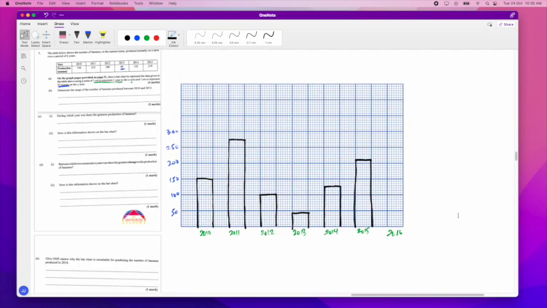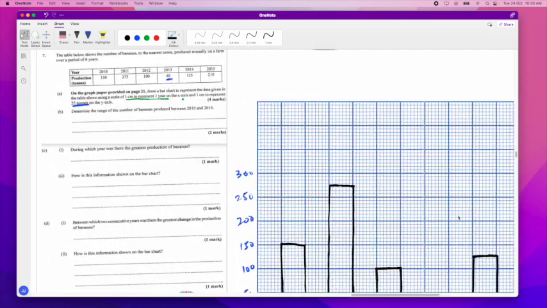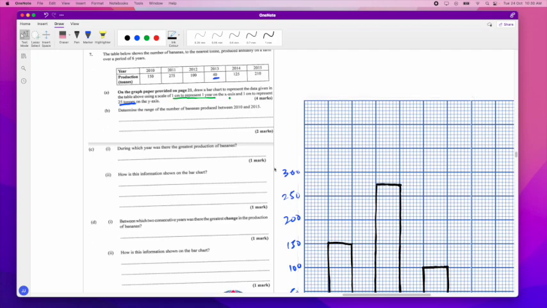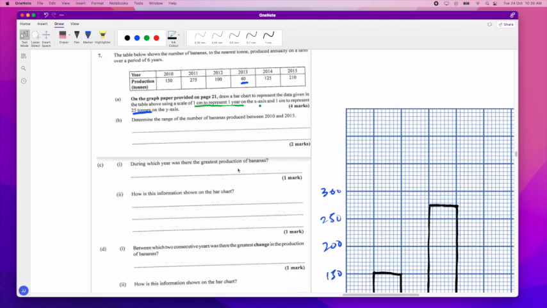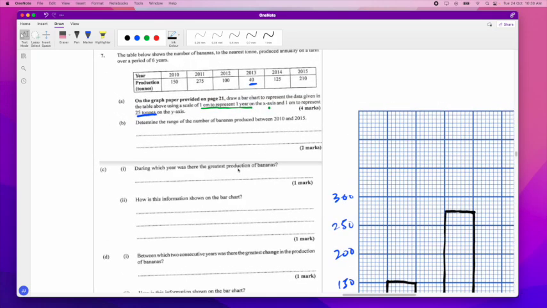All right, I have my bar chart. I hope yours is neater than mine. Remember, I did use a different scale because of my graph paper. But I did show you the correct scale before.